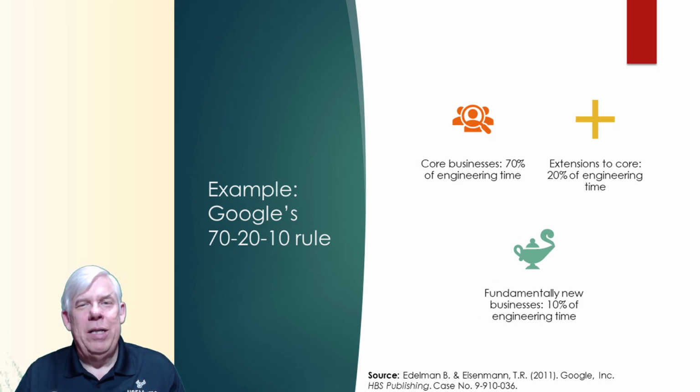What you'll notice is by specifying percentages of the portfolio, you force managers to devote a certain amount of time to activities that may be outside of their comfort zone. That was why the information technology portfolios became popular, because managers did not want to take on high-risk projects because they felt the penalty for failing was a lot greater than the reward they'd get for succeeding.